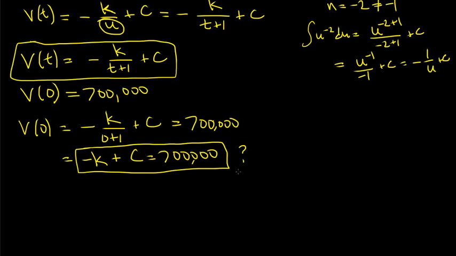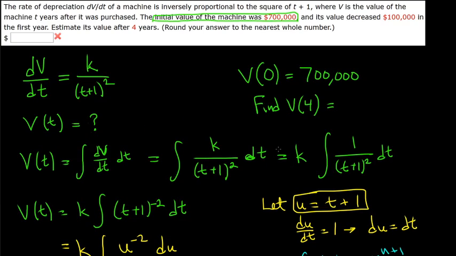So that's tricky. Let's go back to the original problem. Again, the rate of depreciation, we got that. The initial value was 700,000. Oh, there's one thing we didn't use here. Its value decreased $100,000 in the first year. Okay, that is also a clue here. So what does that mean?